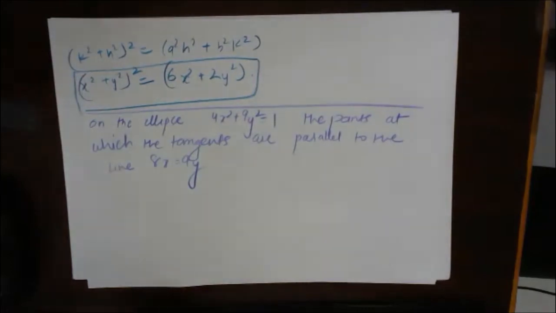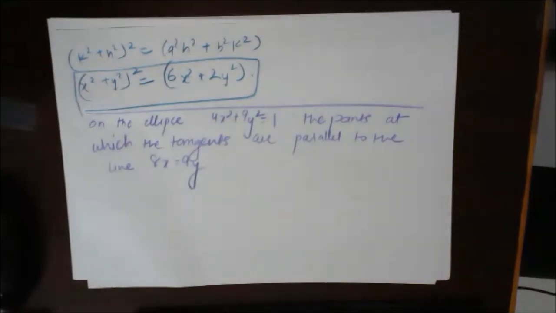So to find the point on the ellipse, if I draw the tangent through that point, it will be parallel to this line. Find the point.